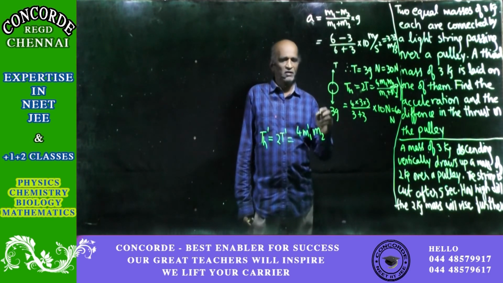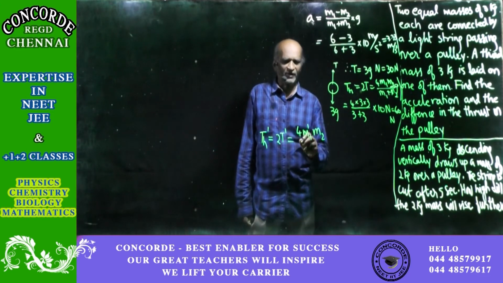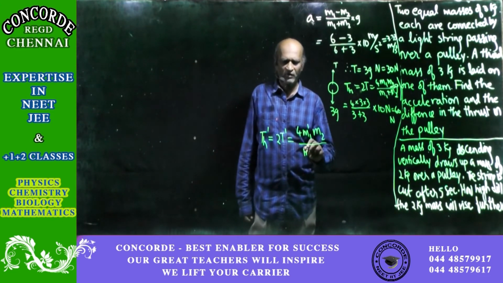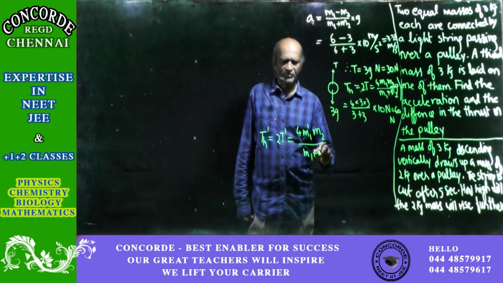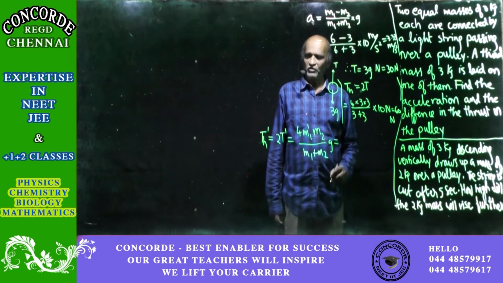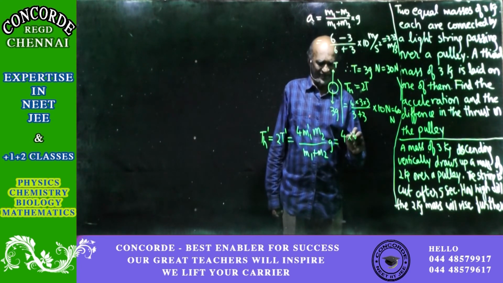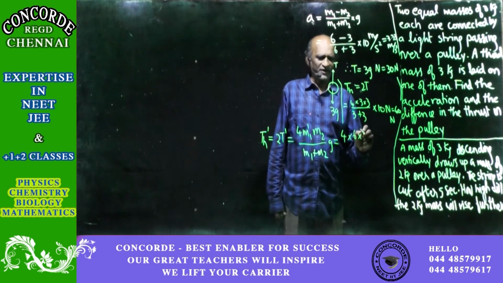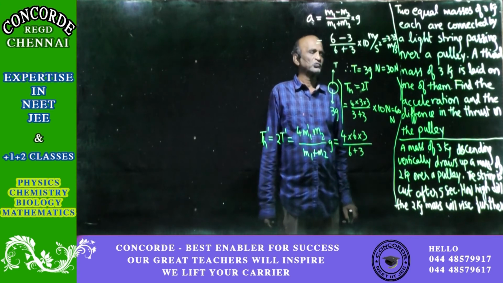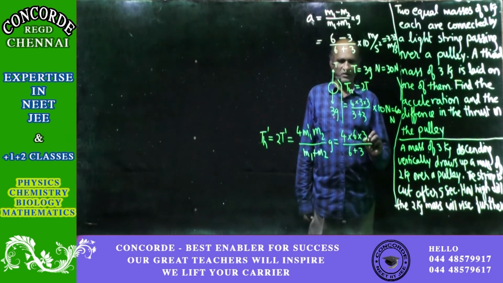So then we have got 4 m1 m2 divided by (m1 plus m2) into g. So the new thrust will be equal to 4 into, now m1 is equal to 6, m2 will remain 3 as usual, divided by 6 plus 3, and into g, of course.